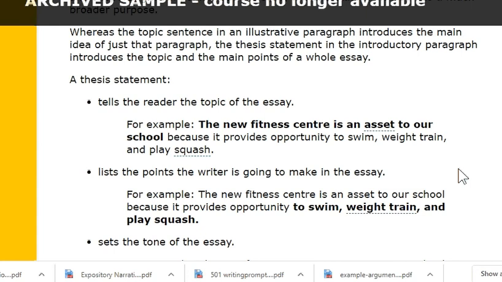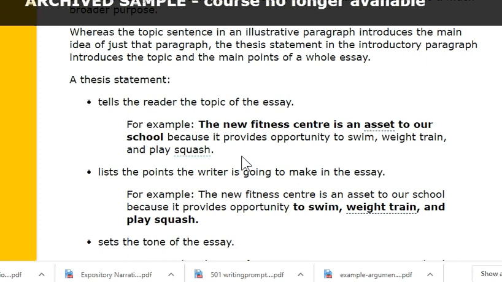Back to the thesis. Now, at the end of the introduction, it is very, very important to have a good thesis that really tells people what the essay is mainly about and what you're going to discuss, what the sections, the paragraphs are going to be about. Now, these are the more complex type of thesis here, where it actually identifies the 3 topics.